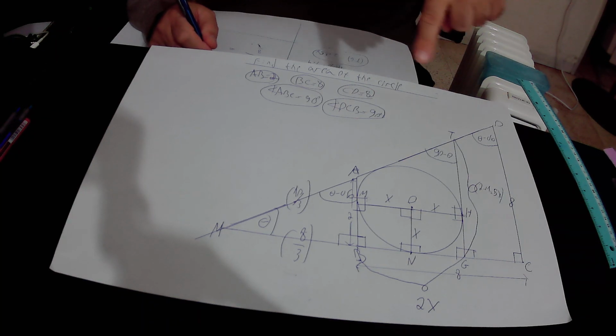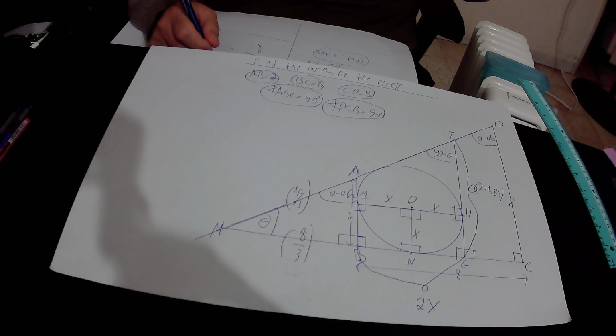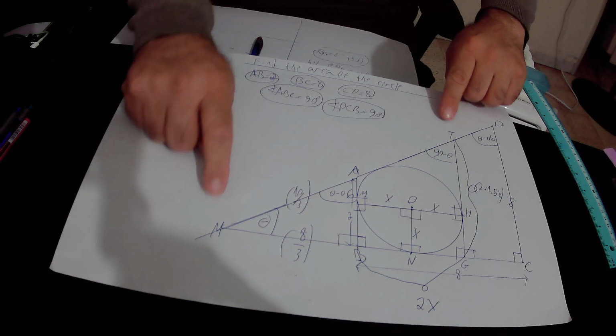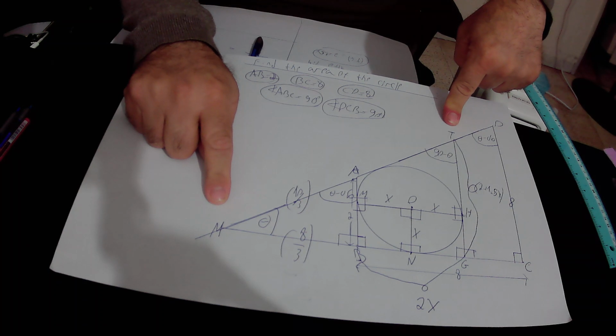the hypotenuse of the right triangle TMP over AM. So TM, from the drawing it is very easy to see, TM is TA plus AM. That is to say, TM is TA plus AM, that is 10 over 3.